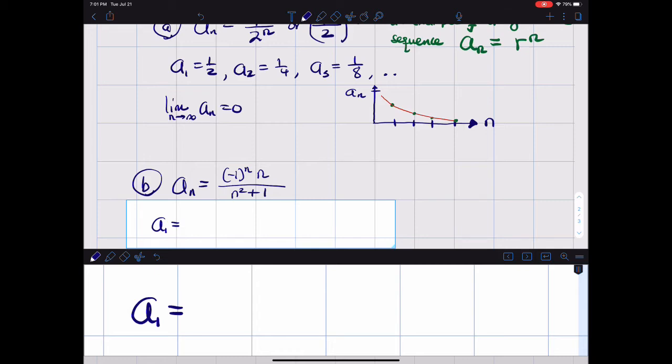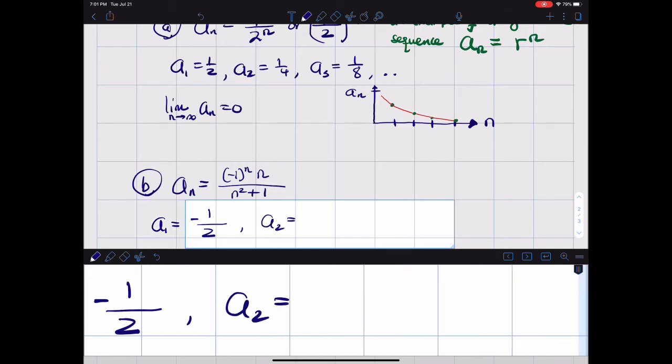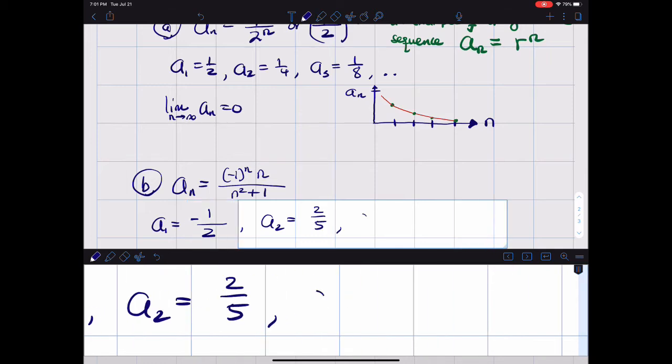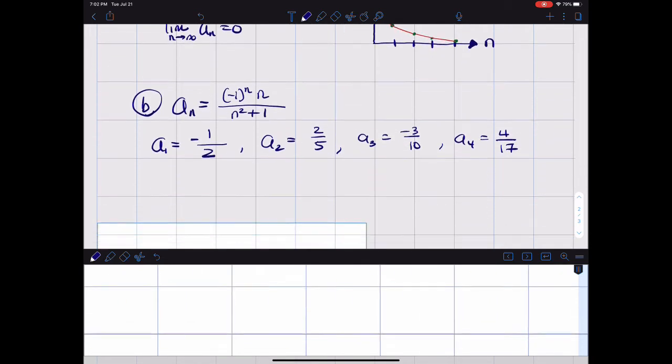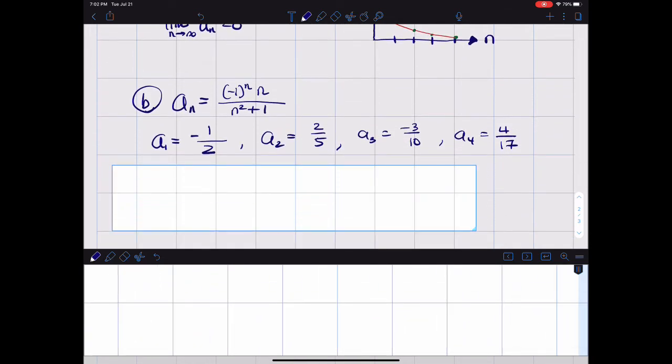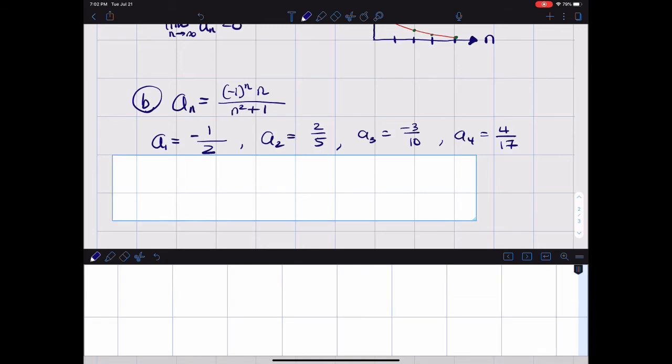If you plug 1 in for n, you get -1/2. a2 is going to be 2/5. a3 is going to be -3/10. a4 is 4/17. If you look at this, it looks like it's going between negative and positive.